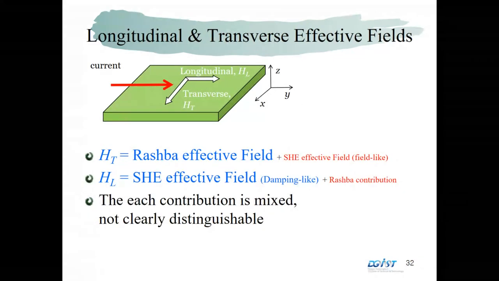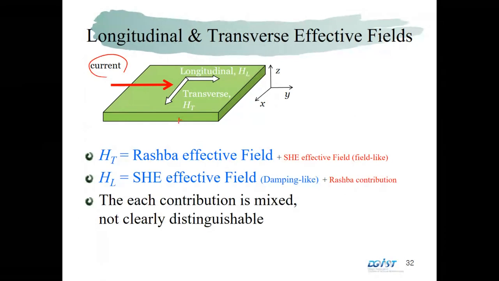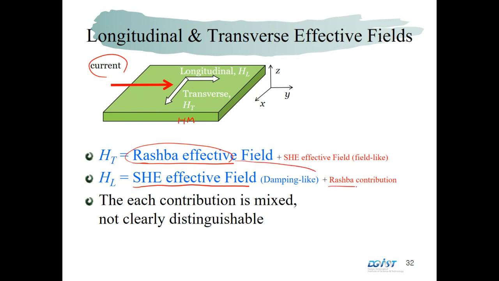But anyway, in all, by the current in the heavy metal, we have two kinds of torque, called the Rashba effect or spin Hall effect. Because of this Rashba effect, we also have a longitudinal term from the Rashba contribution. And for the spin Hall effect, they are mainly damping-like terms or Slonczewski-like terms.